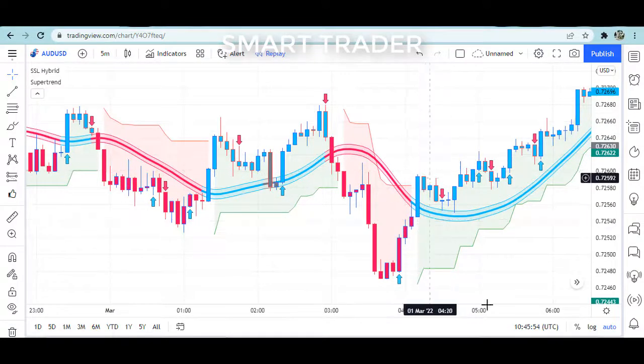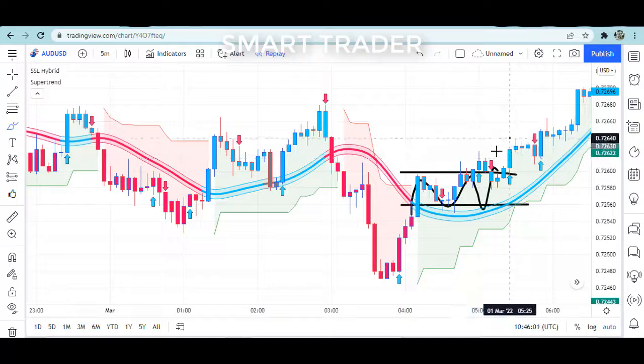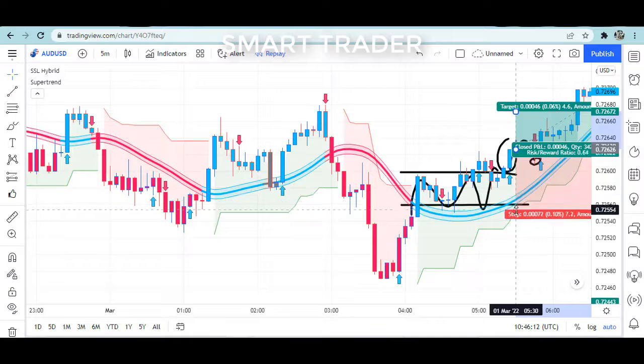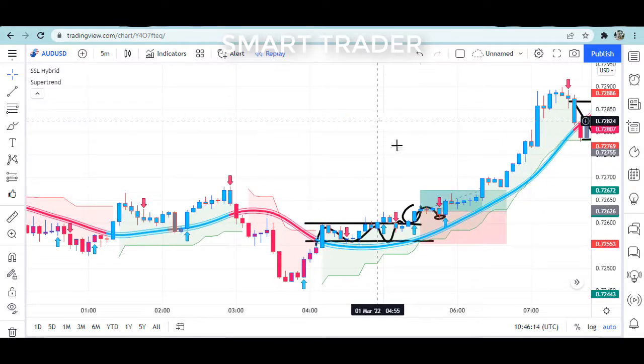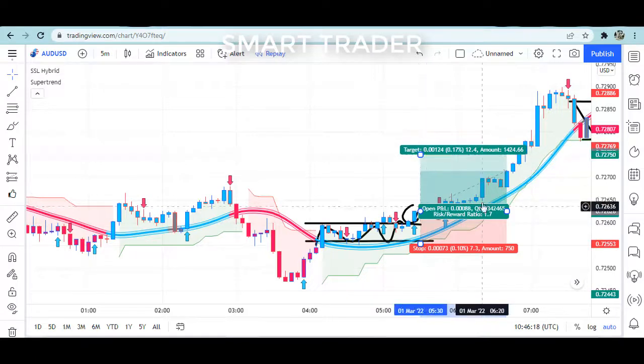You can see here a trading range, good breakout bar, price breakout, pull back, long here, stop loss below the range low, and the risk and reward at least 1 to 1.